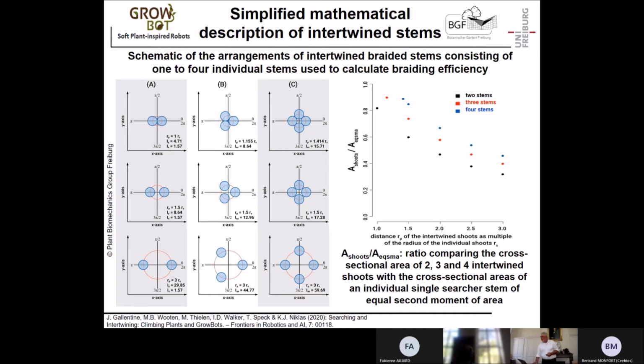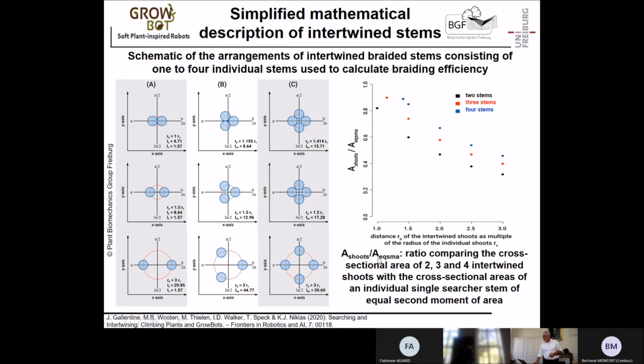And then we make a ratio. Here we have the area of the intertwined shoots for a given actual segment moment of area, and this is a single stem which has the same actual segment moment of area. How big must it be?